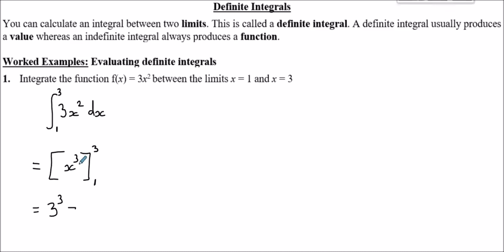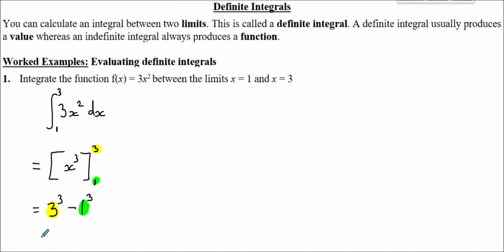And so x cubed when x is 1 is 1 cubed. Okay, so all we're doing here is we're substituting in the higher limit, and afterwards we're substituting in the lower limit.